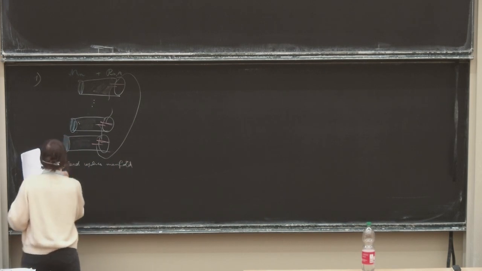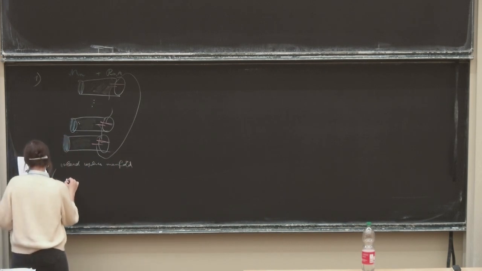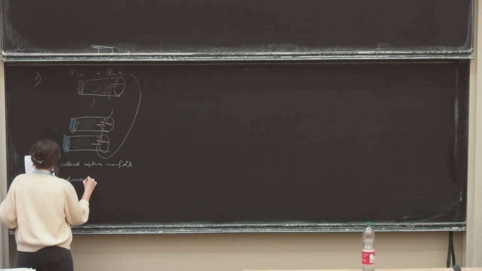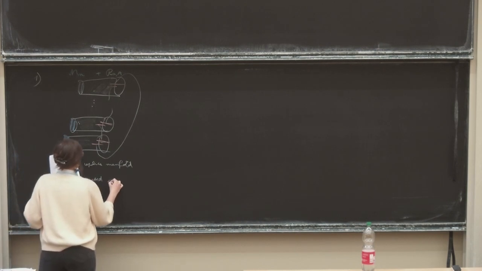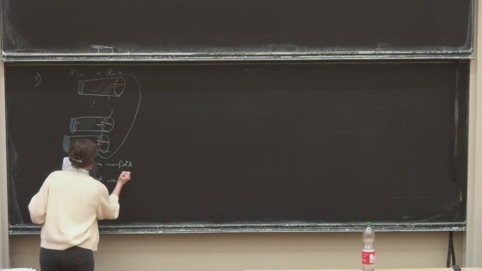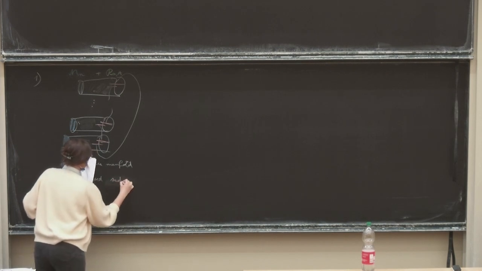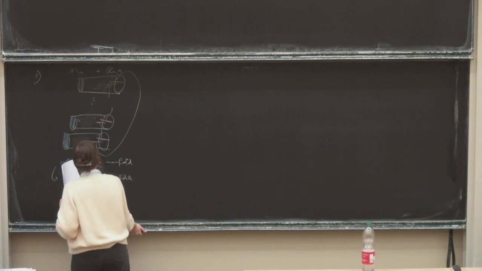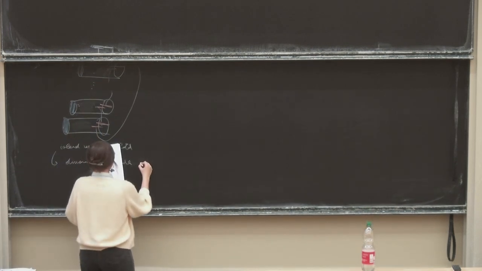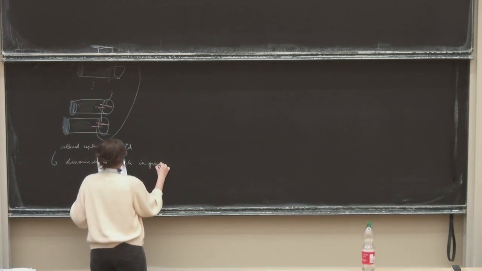And so what we're drawing here is the option where we're working with the disconnected saddle in the gravitational region.